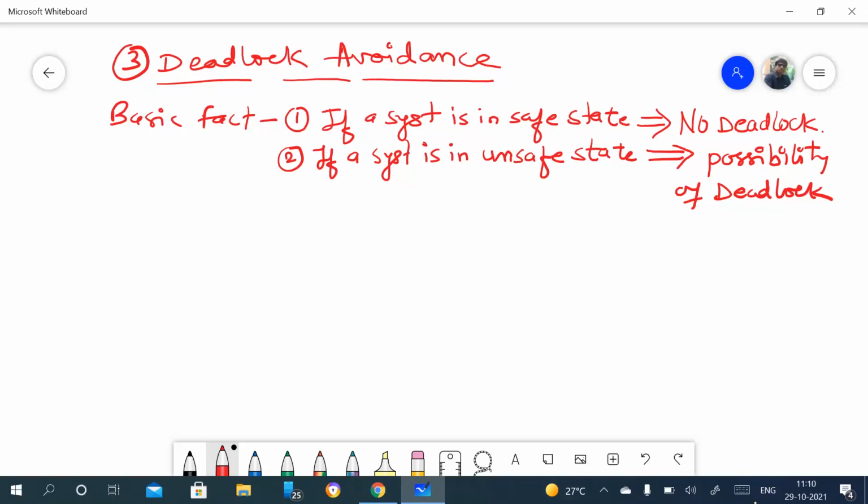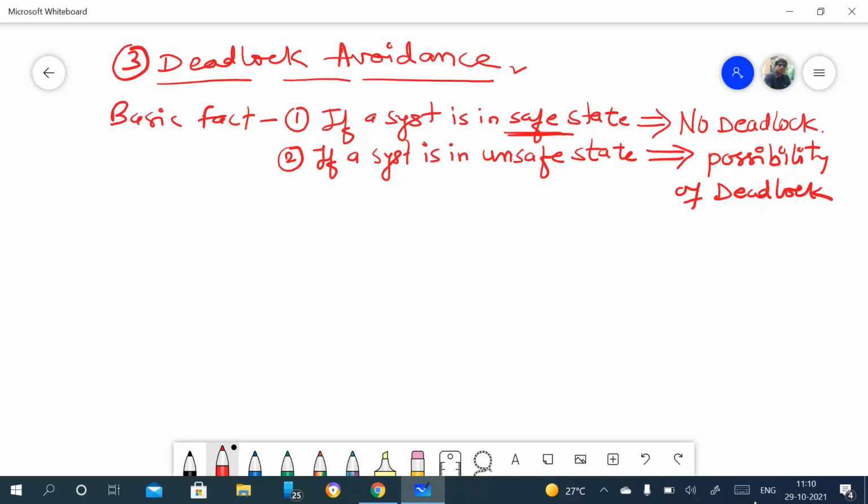If you want to avoid the situation, then we need to keep the system in safe mode. If we keep the system in safe mode, then the deadlock situation will be avoided. So we need to ensure that the system will never enter into the unsafe state. If we ensure this, then that situation will not come here, right?